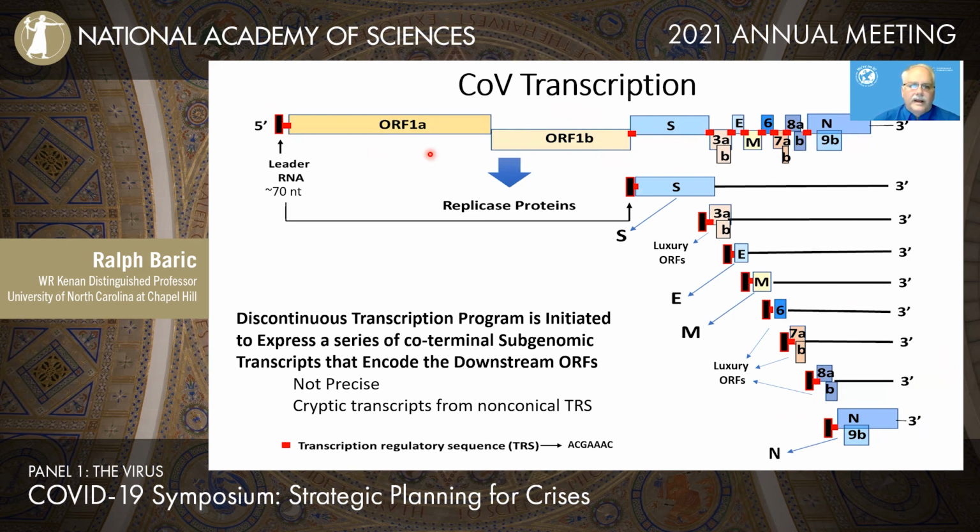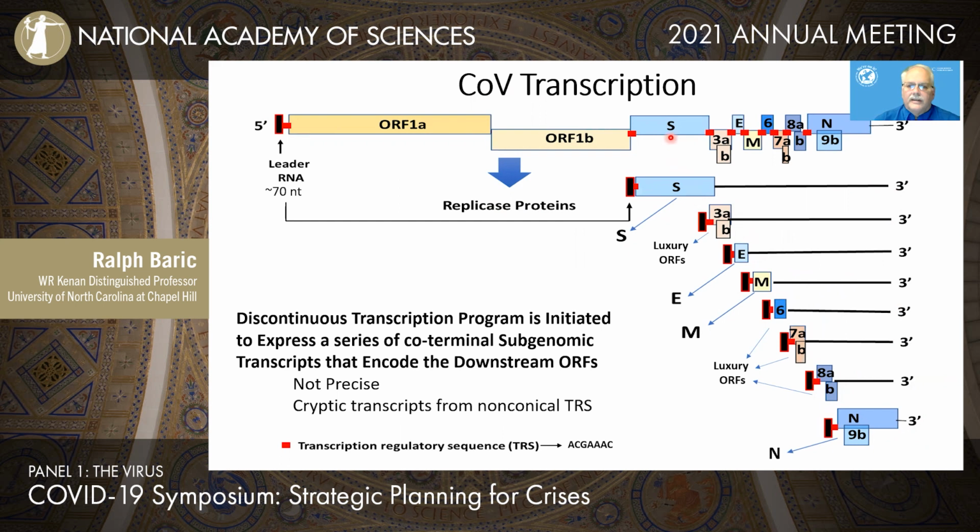The first 20,000 nucleotides of the genome encode the ORF1a and ORF1b proteins that encode the RNA-dependent RNA replicase and other replicase proteins. These replicase proteins drive the synthesis of a series of subgenomic messenger RNAs that are arranged in the form of a nested set from the 3' end of the genome and that extend to various distances toward the 5' end of the genome.